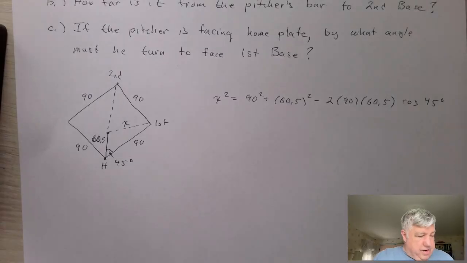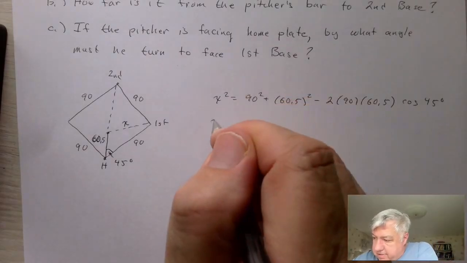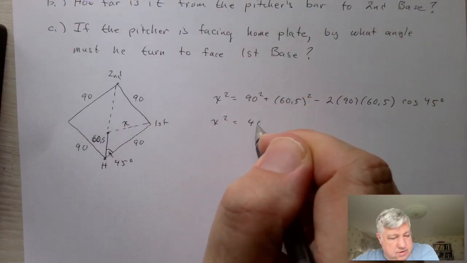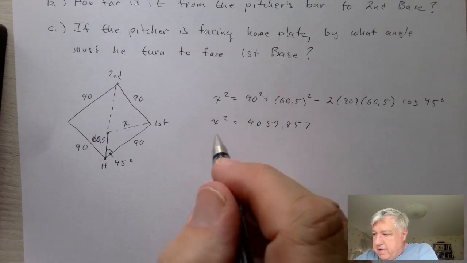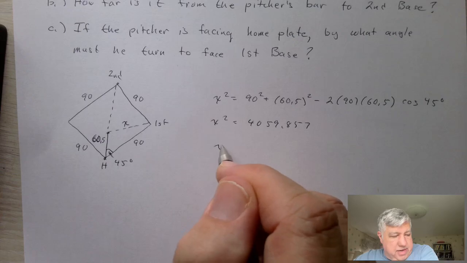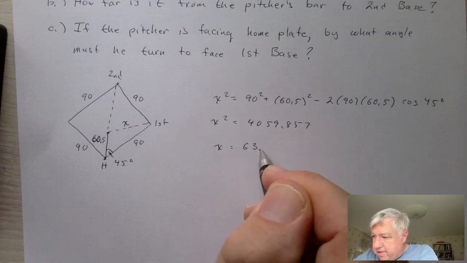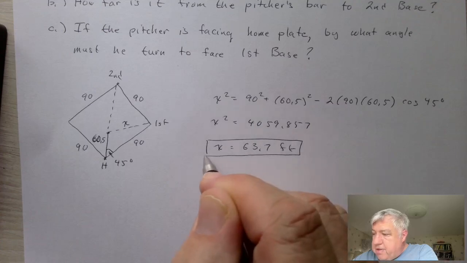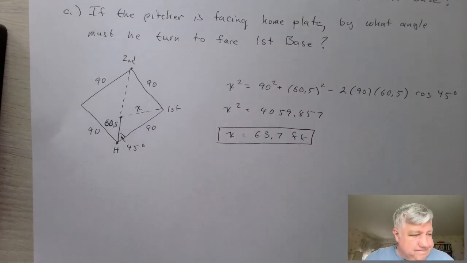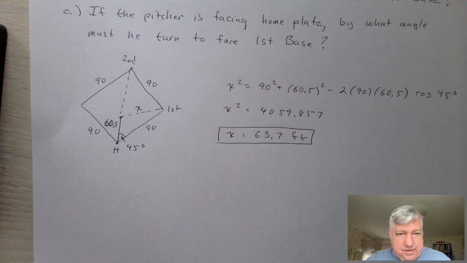This turns out to be 4,059.857, and then we take the square root of both sides, and we get x is 63.7 feet. We'll put the units on here because this is a word problem. So that's that distance.